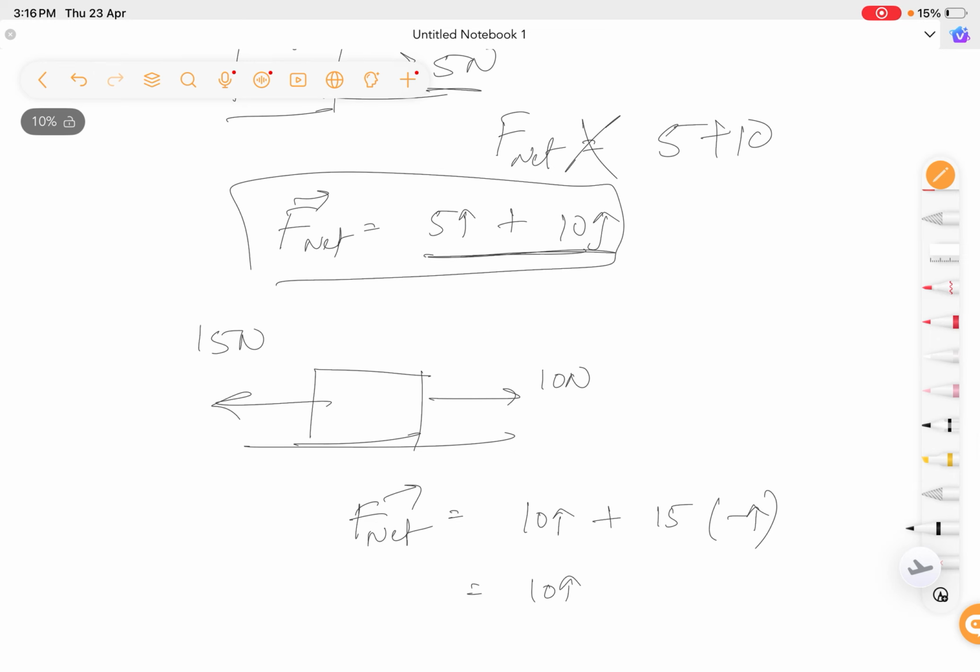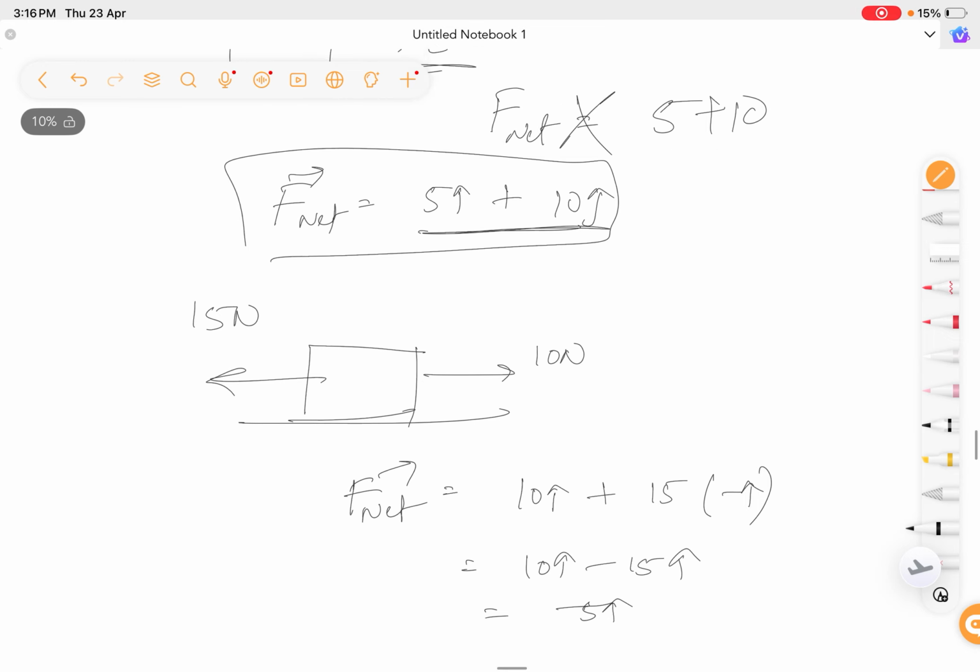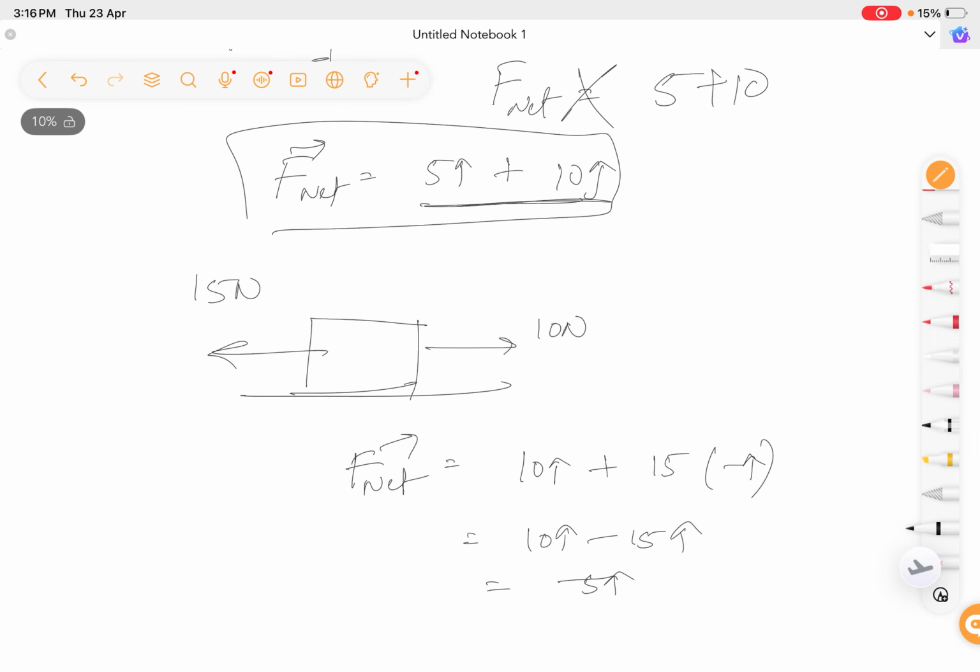Overall, 10 I cap minus 15 I cap, which is minus 5 I cap. So the overall net force is minus 5 I cap. Simply, here it is 15 newtons, here 10, so the net is 15 minus 10, so 5 will be acting this side. This is equivalent to a 5 newton force acting towards left. That's what net force is called.